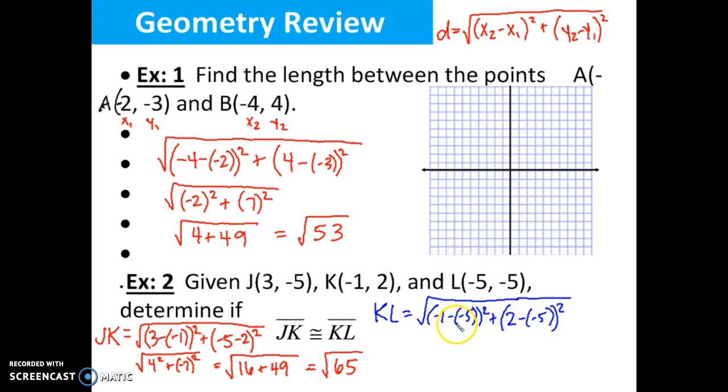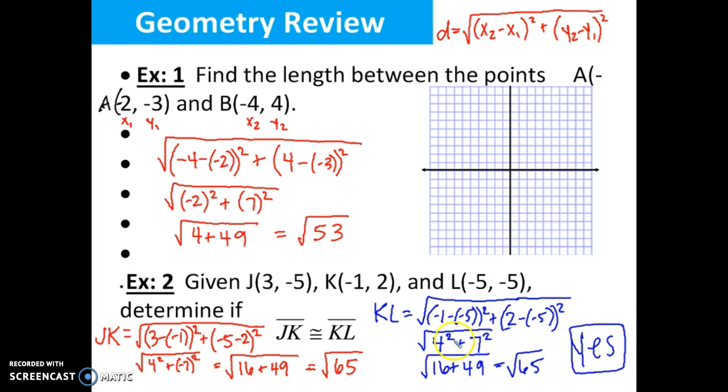Alright, -1 minus negative is -1 plus 5, which is 4. And then 2 minus -5 is 2 plus 5, which is 7. 4 squared is 16, 7 squared is 49, which gives us the square root of 65. So yes, JK is congruent to KL because they're both root 65 units long.